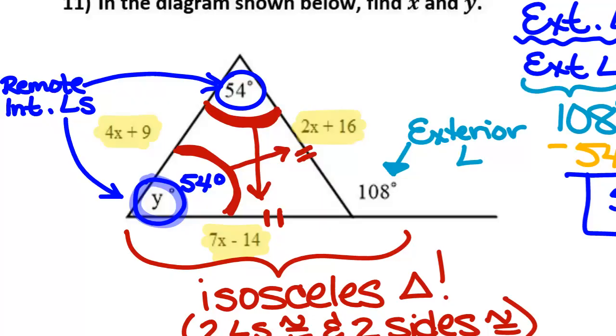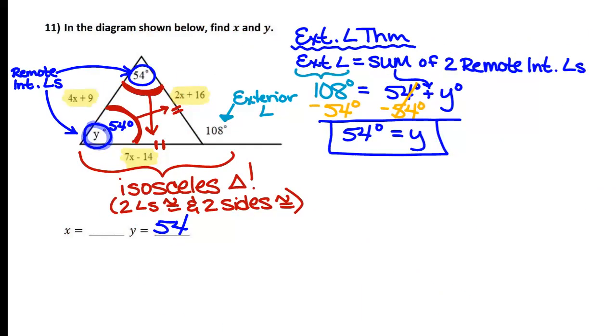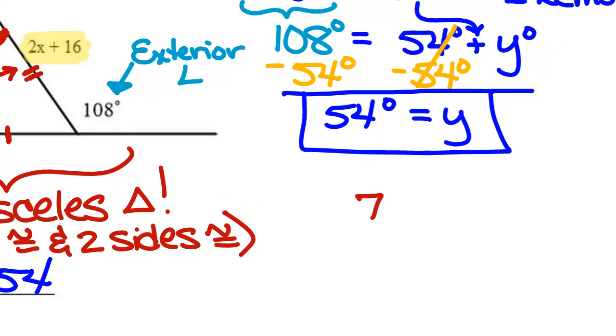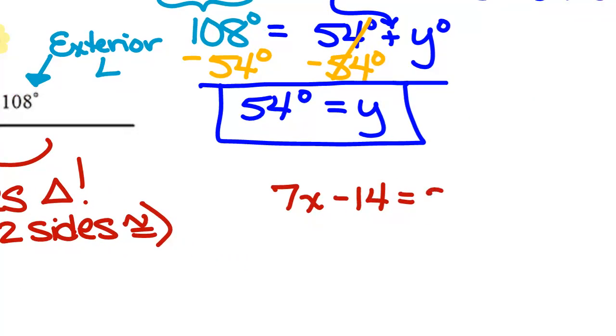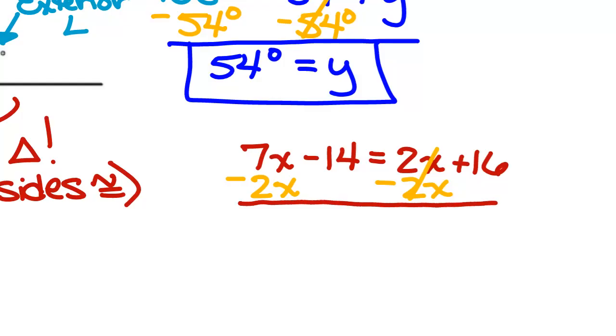And what can we do with congruent things? Set them equal to each other. So 7x minus 14 equals 2x plus 16. Get the x's to the same side first, so I'm going to subtract 2x from both sides. What is 7 minus 2?